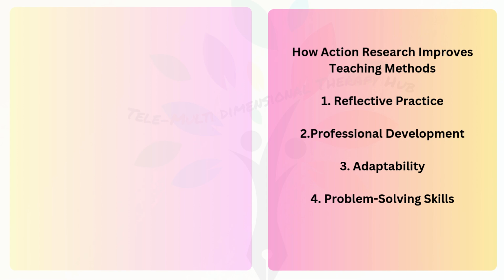By engaging in action research, teachers develop new skills and strategies, enhancing their expertise and keeping up to date with best practices in education. Number three is adaptability. It means teachers learn to adjust their teaching method based on what works best in the classroom, allowing them to respond to the needs of their children and the challenges they face.